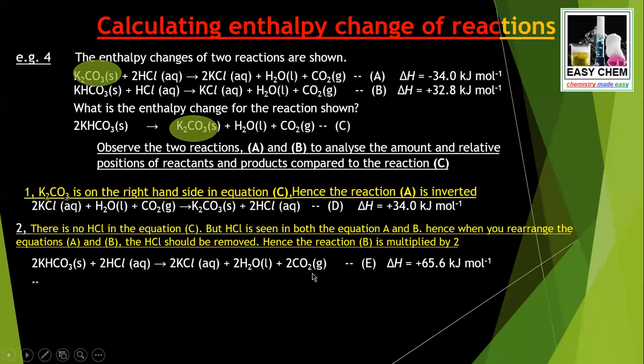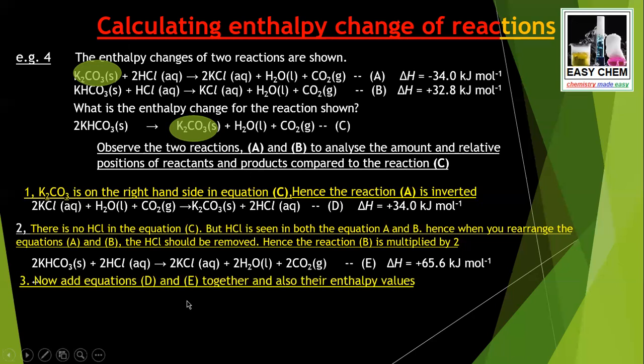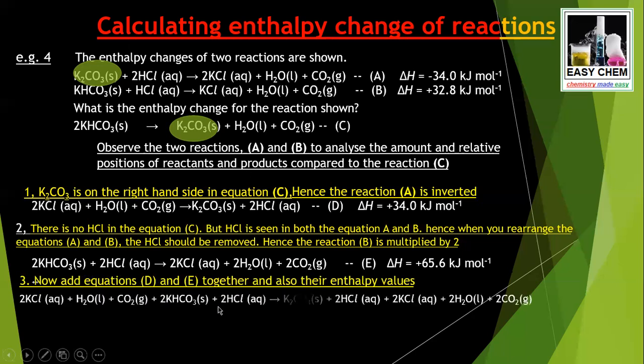When you add D and E, we can probably get the equation C. Now add equations D and E together and also their enthalpy values. This is quite confusing to look at. See, in the equation D, we have K2CO3, 2 HCl on the product side.